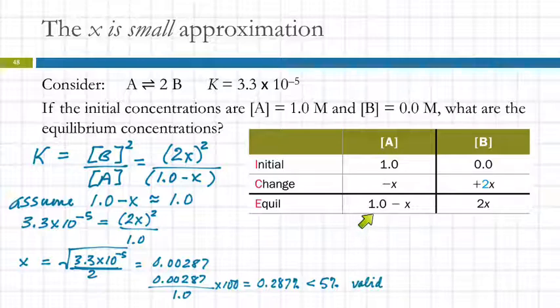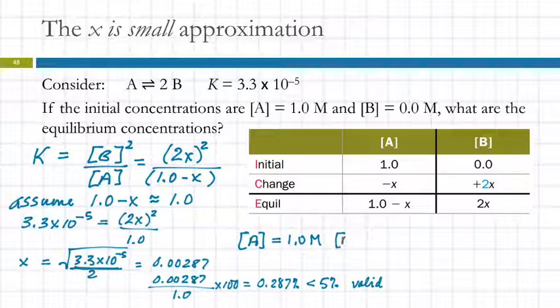Because this is only two significant figures. There's uncertainty in this tenths place, and when I subtract something that is in the thousandths place, that's within the uncertainty of the measurement. Doesn't matter at all. So we're going to say the equilibrium concentration of A is the same.